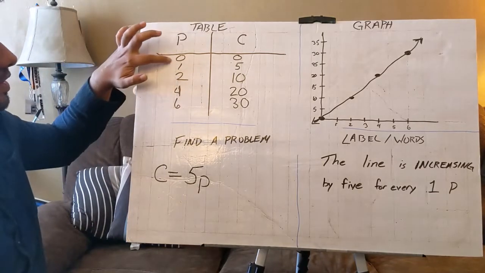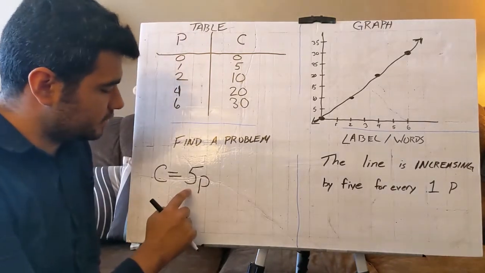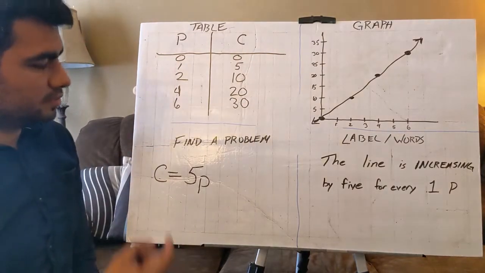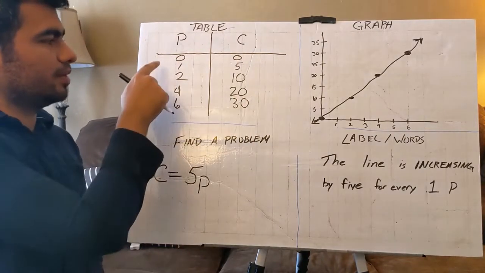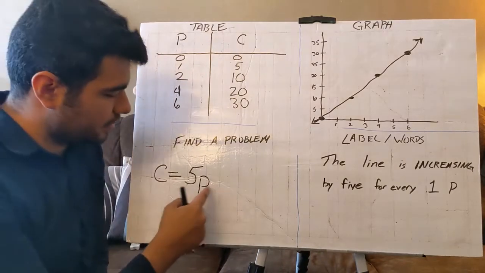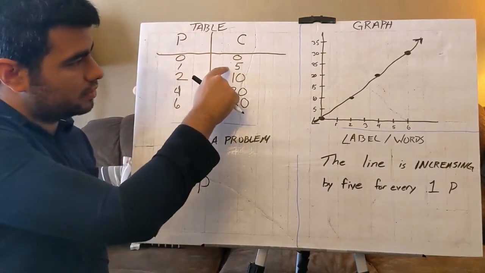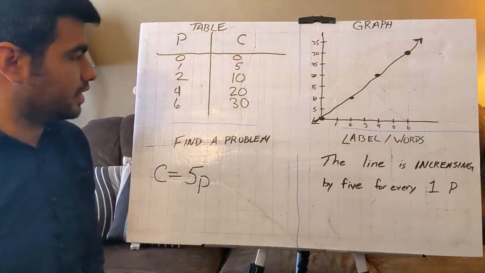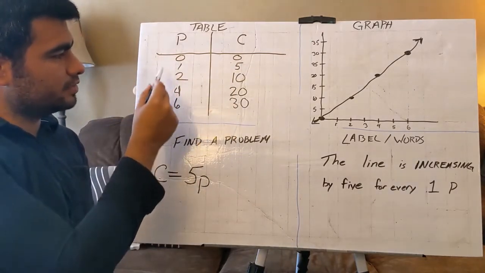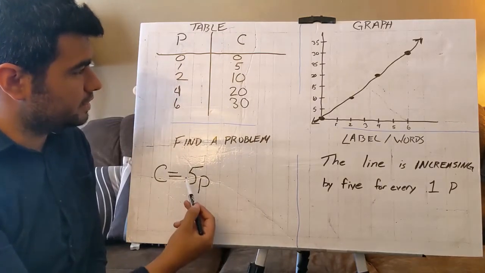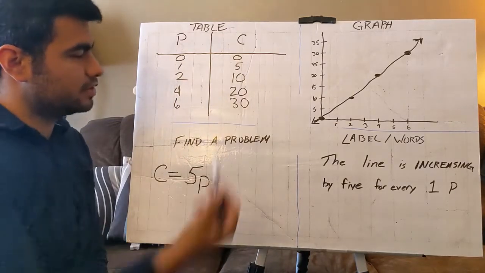If I put in 0, 0 times 5, I'm going to get 0 out. So far the problem's okay. If I put in 1, 1 times 5, I get 5 out, so the problem's still okay. I put in 2 for P, 2 times 5 is 10, so that's okay.